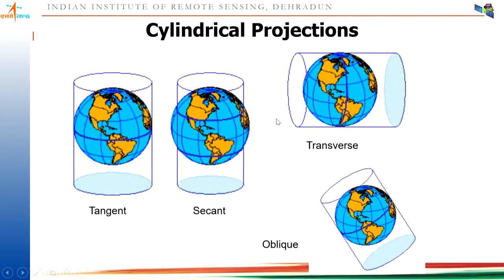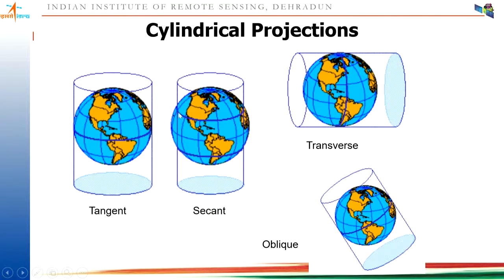If you take the cylindrical case, the tangent, this is basically a cylinder, and inside that we have placed one globe, and you see this is basically the radius here. It is just touching the surface of the cylinder, and this is basically a tangent case. And similarly, you see the radius of the cylinder is less, and it is cutting at two places.